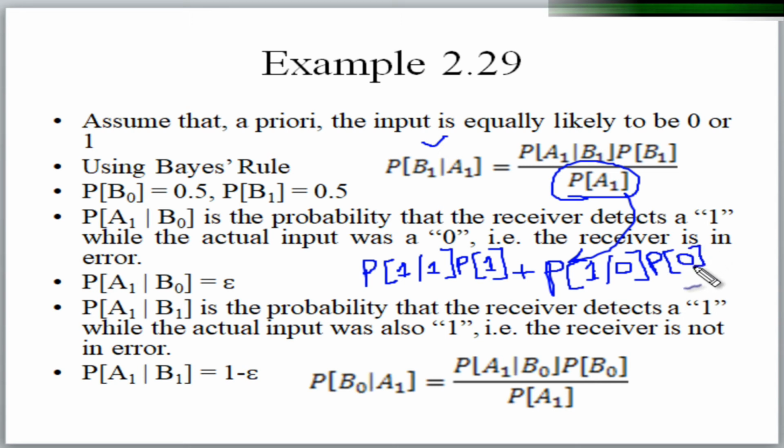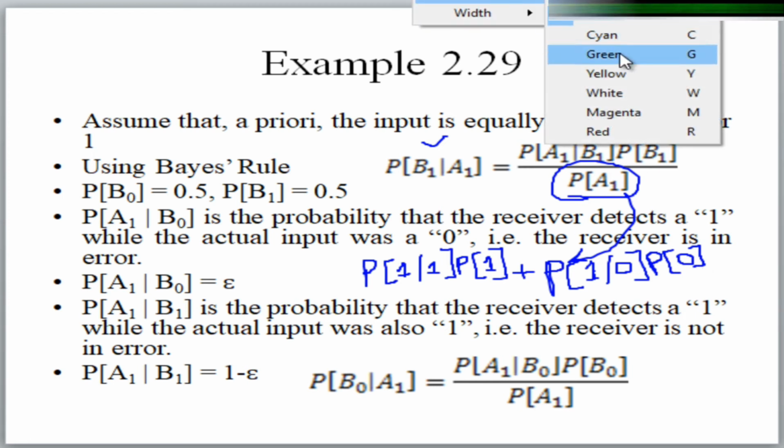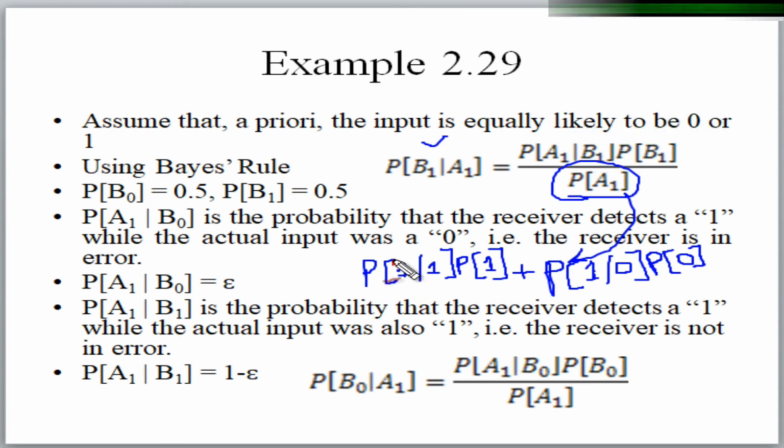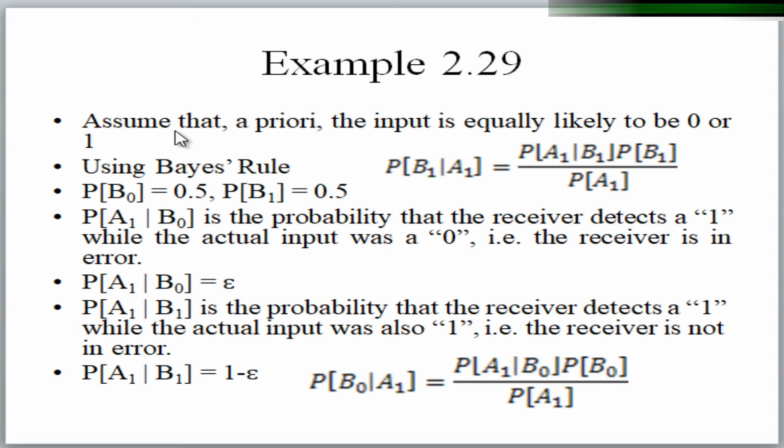We can find it by this formula. So what is this? This is the received bit A1. This is again A1. What is common between these two things is that here we have to find the probability of A1. Here we are also finding the probability of A1, but conditionally on another event which has previously occurred.